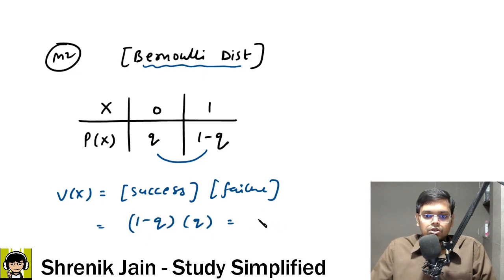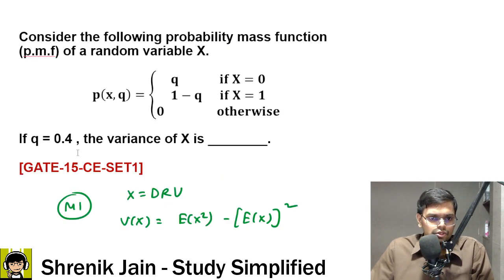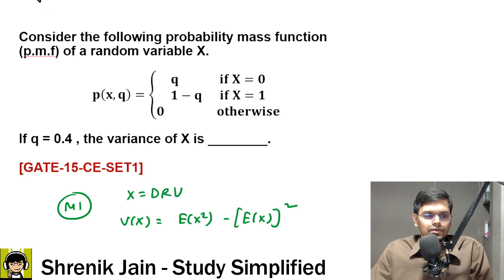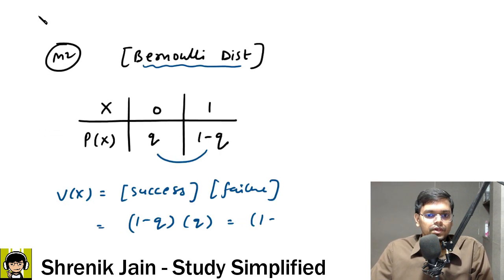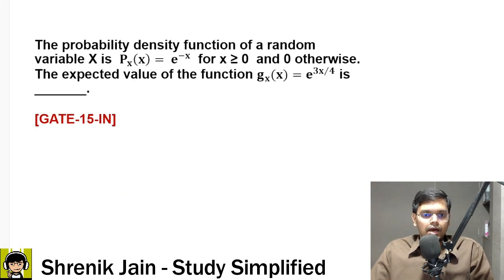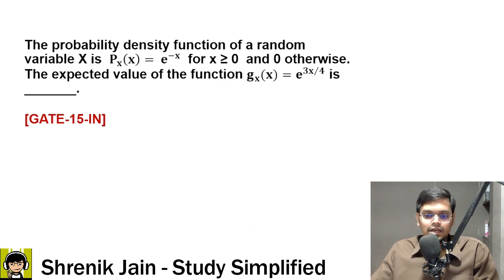They are giving in the question that q is 0.4. If you substitute, 1 minus 0.4 into 0.4. So finally, the answer is 0.6 into 0.4, 0.24. Done. Try the next question, 2015 instrumentation.